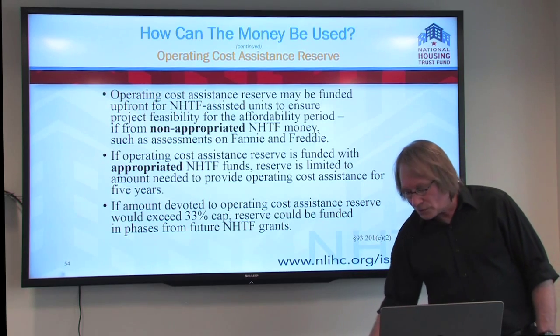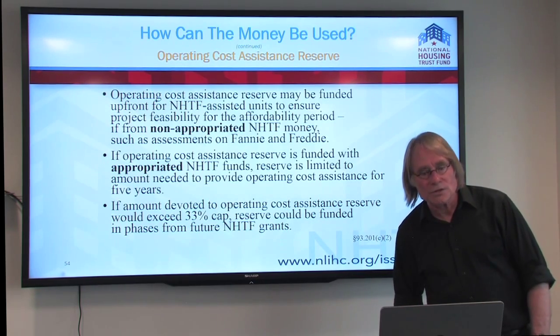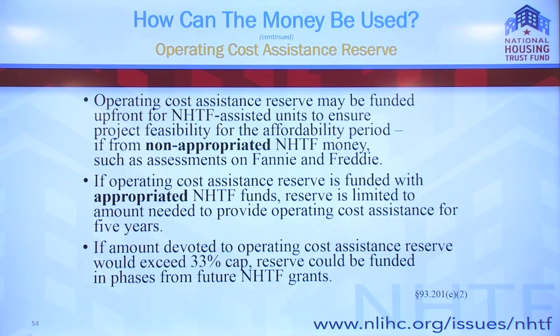A very important feature of the interim regulations allows for an operating cost assistance reserve to be funded upfront for trust fund assisted units to ensure project feasibility for these units during the entire affordability period. And again, the affordability period is a minimum of 30 years.